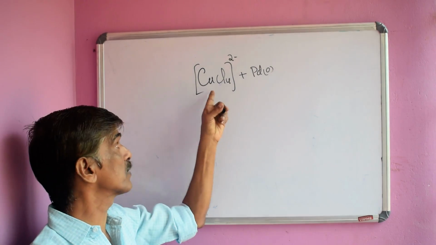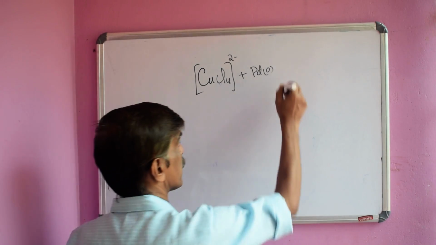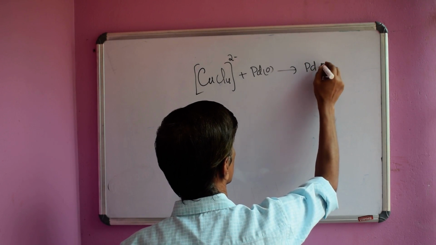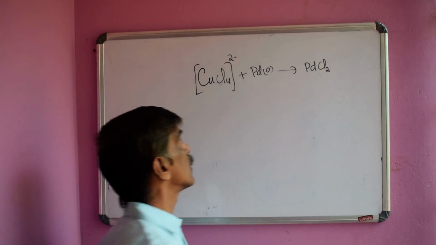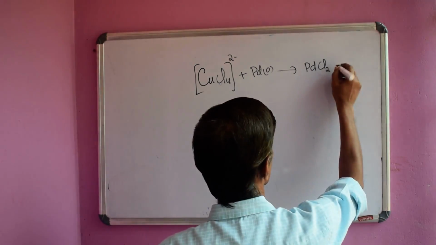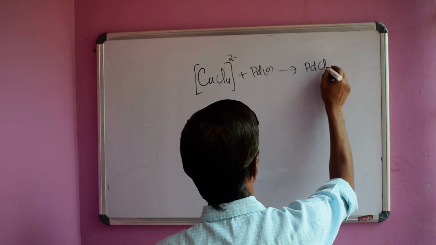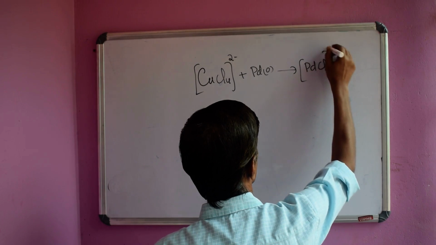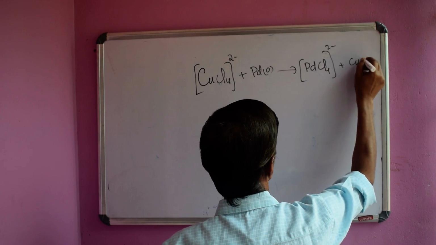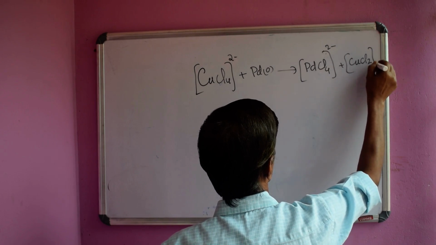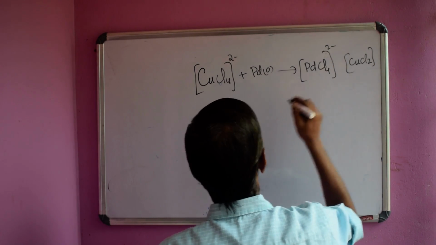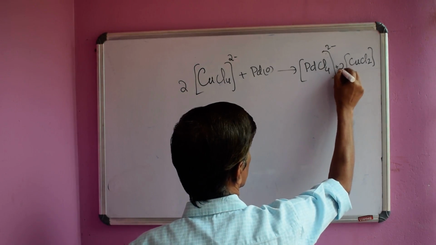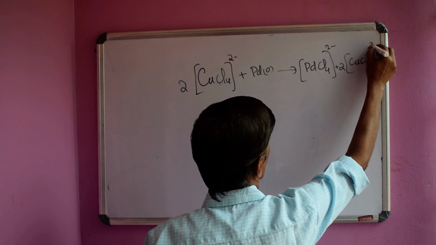This palladium 0 reacts with the CuCl4 2 minus in that mixture and gets converted into PdCl4 2 minus plus CuCl2 minus: 2 CuCl4 2 minus plus palladium 0 gives PdCl4 2 minus plus 2 CuCl2 minus.